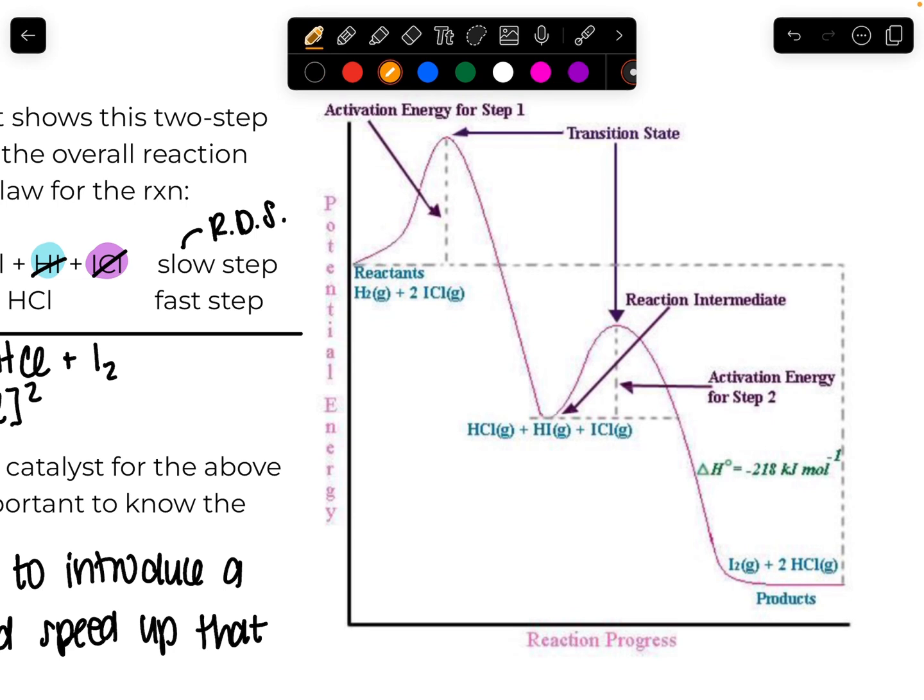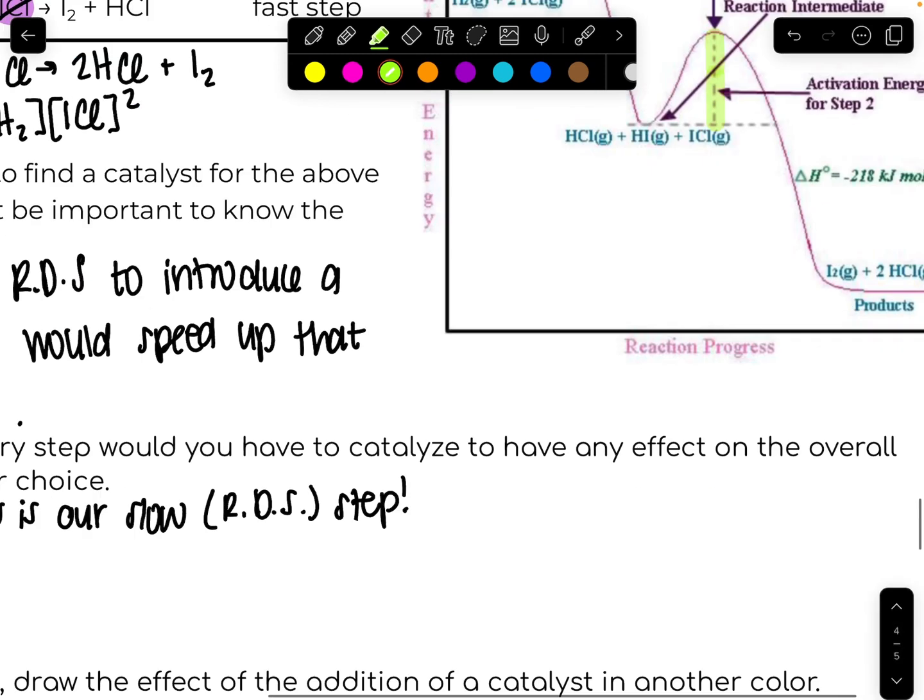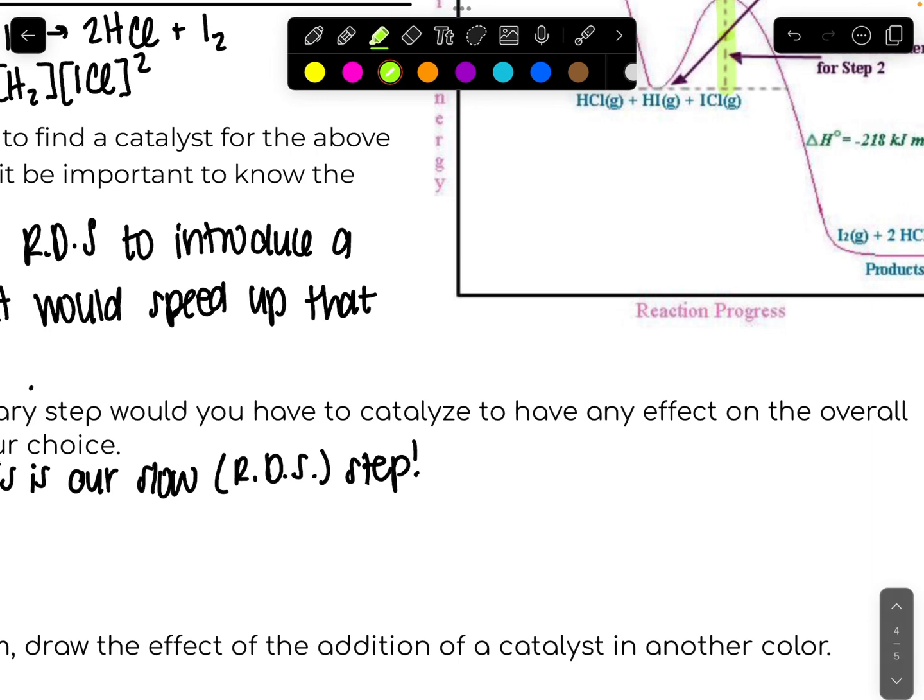Look at the difference in activation energy. Let me highlight it here for step 1 versus step 2. Step 1 clearly does have a higher activation energy, which also helps indicate it must be the rate determining step. The higher the activation energy, the less likelihood you are going to have successful collisions. So you could also add in, from the potential energy diagram, the activation energy for step 1 is clearly very high.